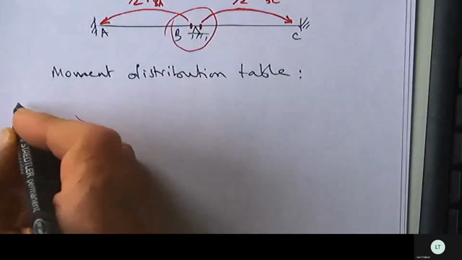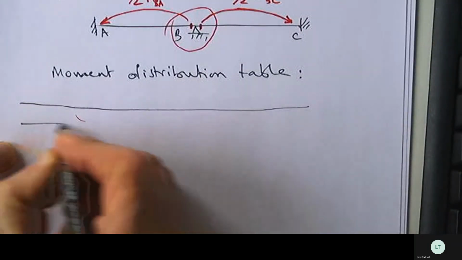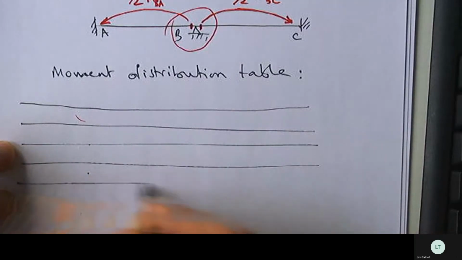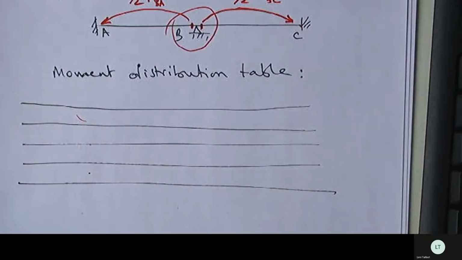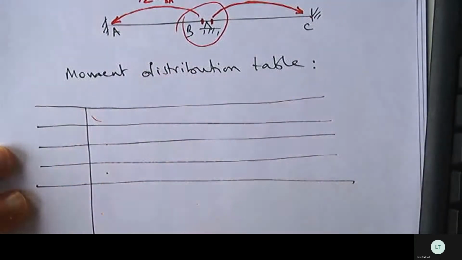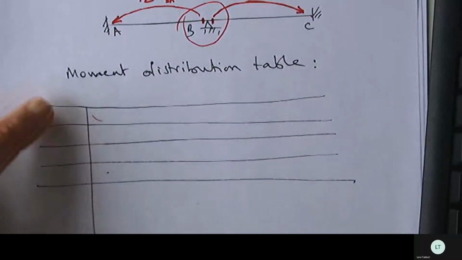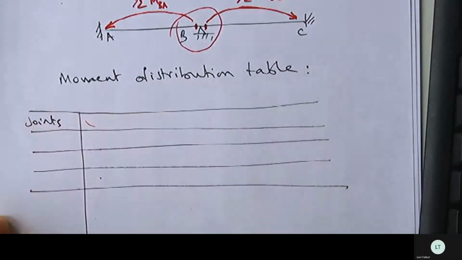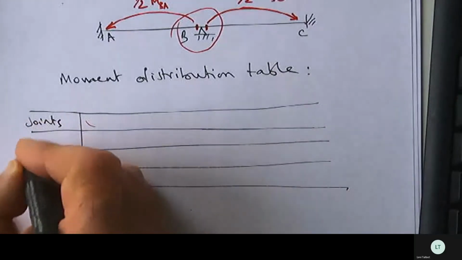Okay, so we have a table here. 1, 2, 3, 4 rows. In the first row, we put the joints. In the second row, we put the members.